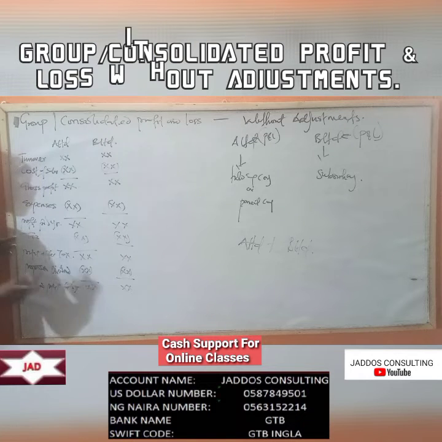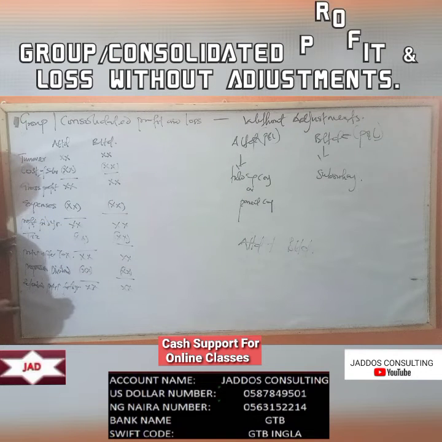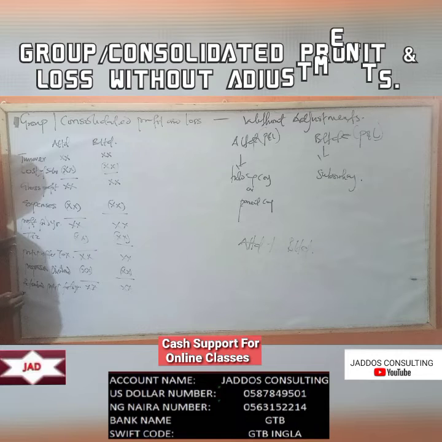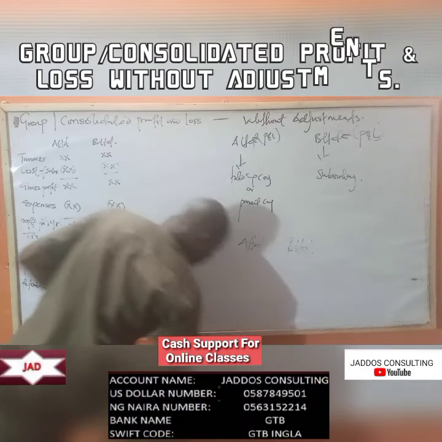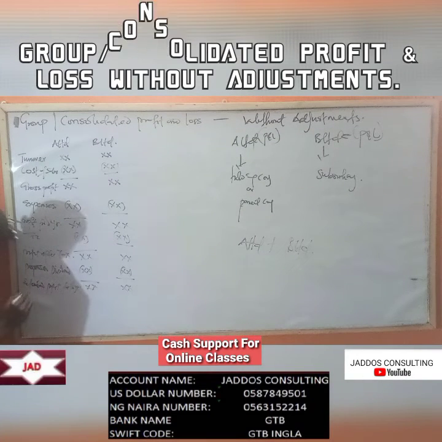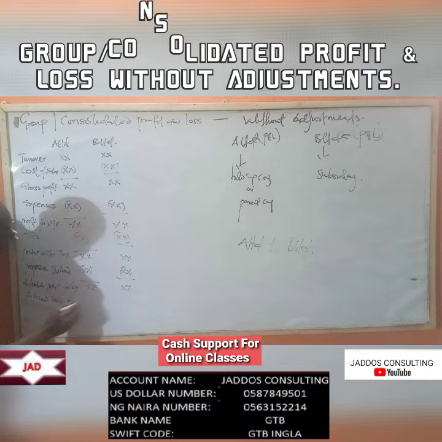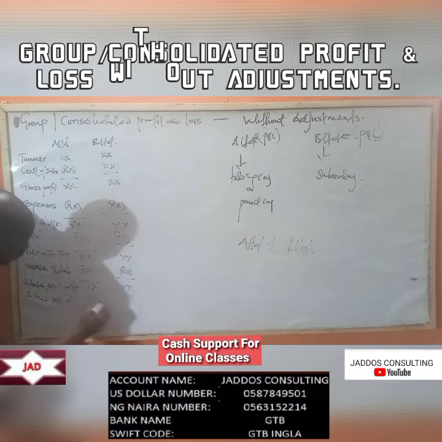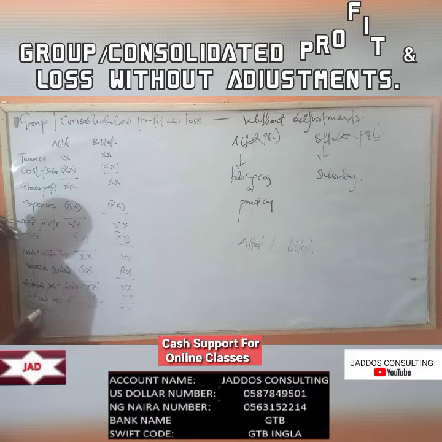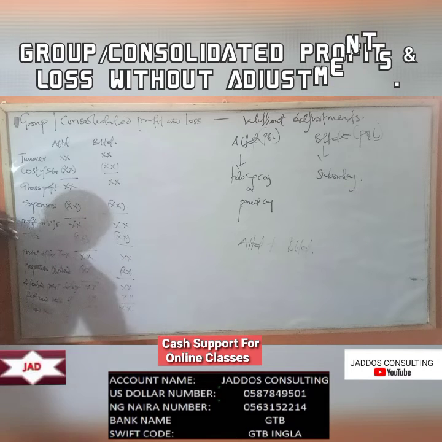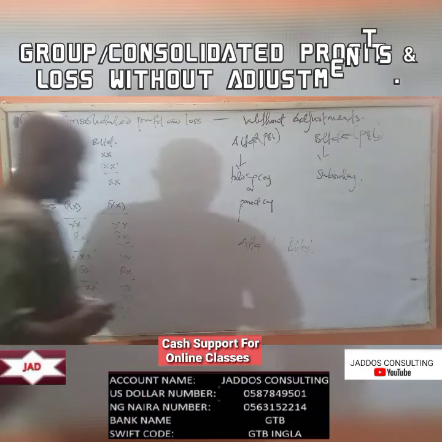If you have any profit from the previous year, you bring it in. So you say retained profit brought forward. You put this here, you have this. So this is the retained profit you're carrying forward to the following year, right? So let's just leave it at this.